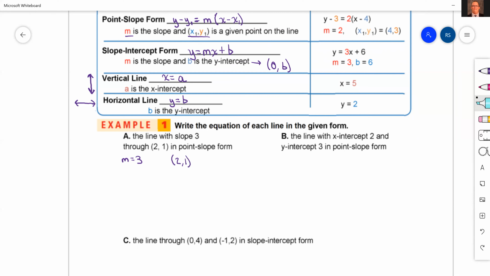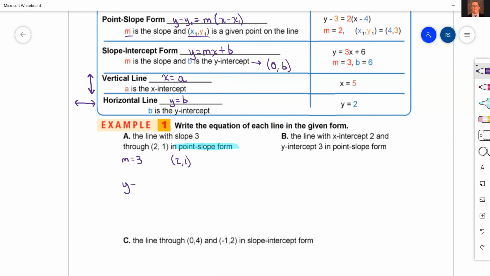Our line needs to be in point-slope form. Well, which one is point-slope form? If I look at my table up here, it's our first one. So let's go in and write it down so we know what to fill in.